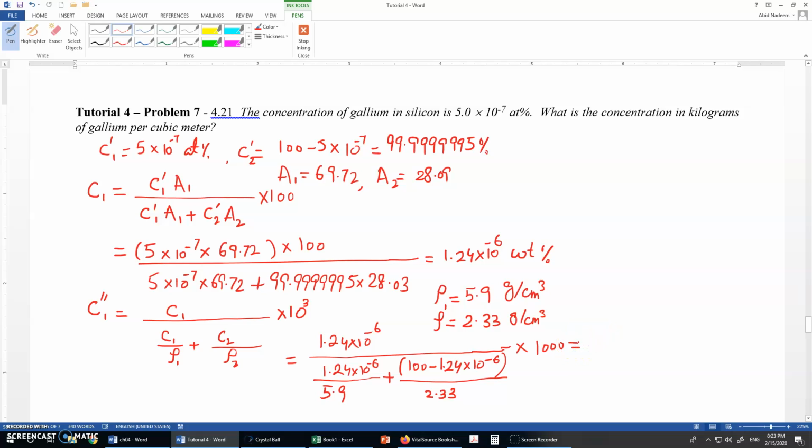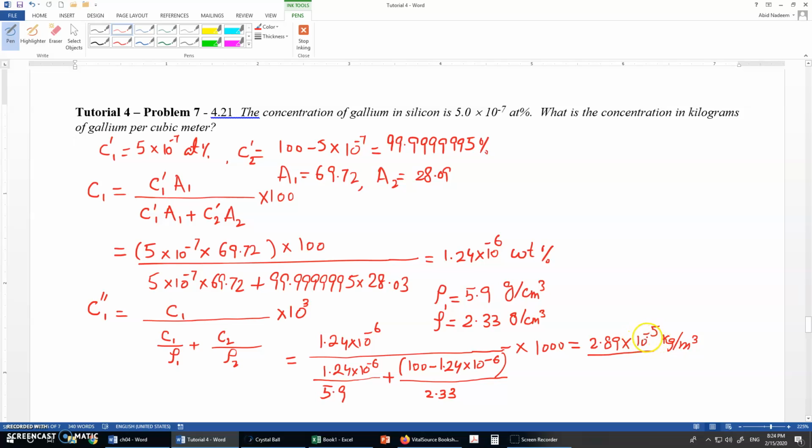In this way you will get a value of 2.89 × 10^-5 kilogram per cubic meter. Which means that in 1 cubic meter of silicon gallium composite, the amount of gallium will be this much: 2.89 × 10^-5 kilogram.